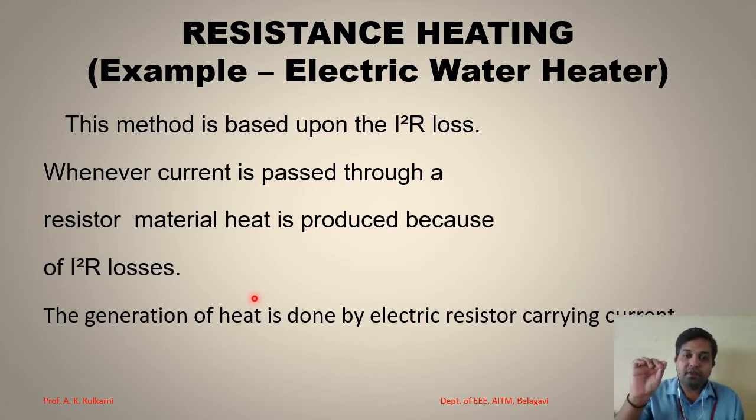The presence of resistance in the windings of the motor. We are supplying current to the windings continuously, so I squared R loss is created there, and heat is produced inside the motor. In this way, in resistance heating we employ I squared R loss to produce heat energy.